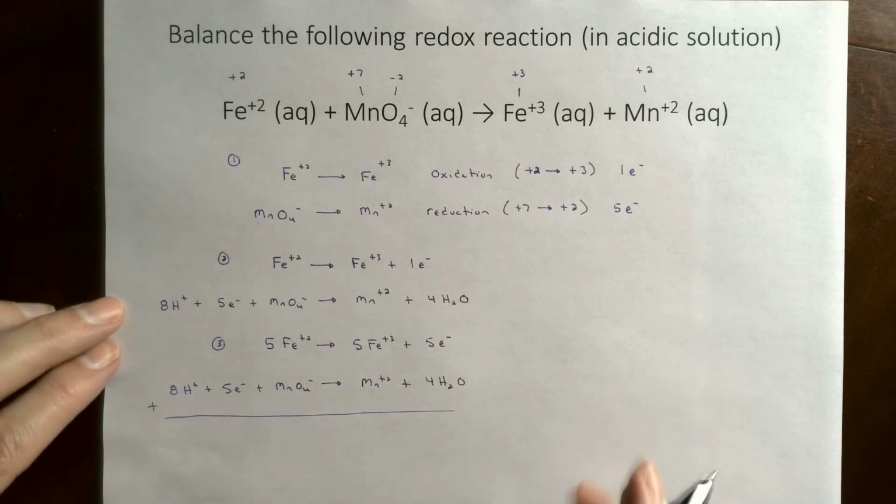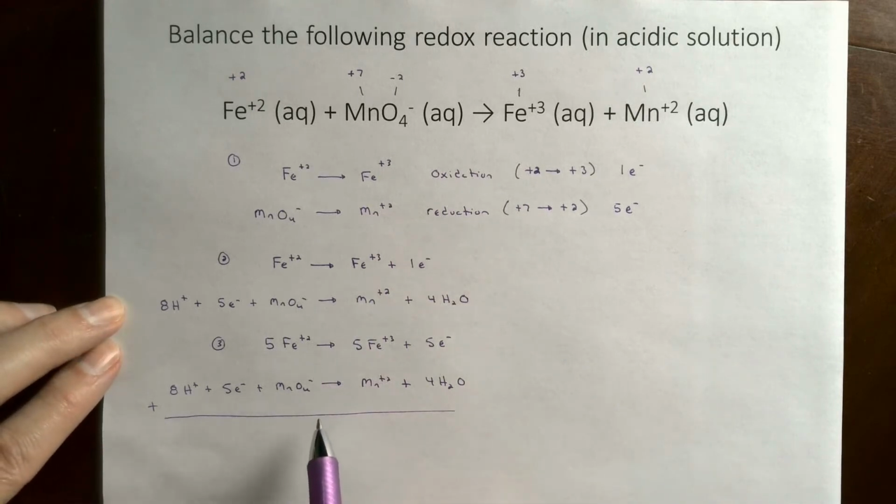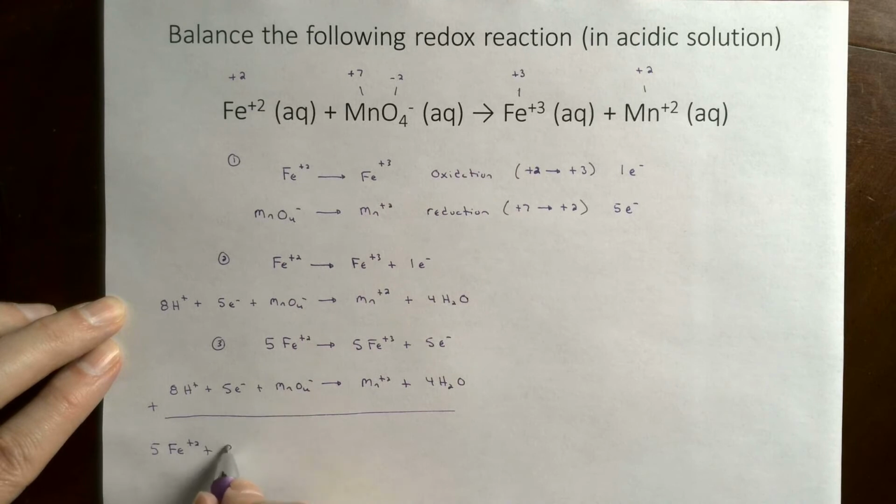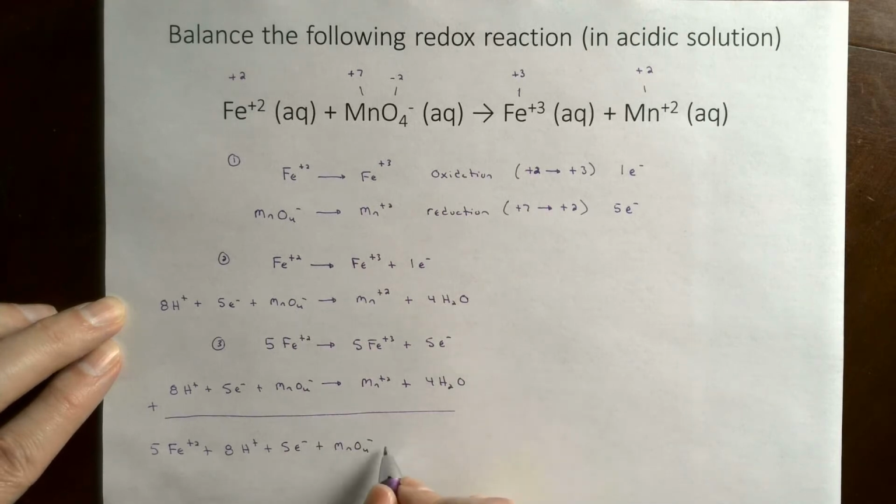And when we add reactions together, everything on the left-hand side of the arrow stays on the left-hand side. So 5 Fe2+ plus 8 H+ plus 5 electrons plus permanganate ion.